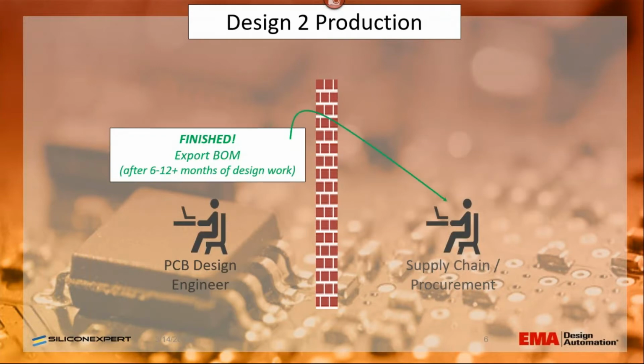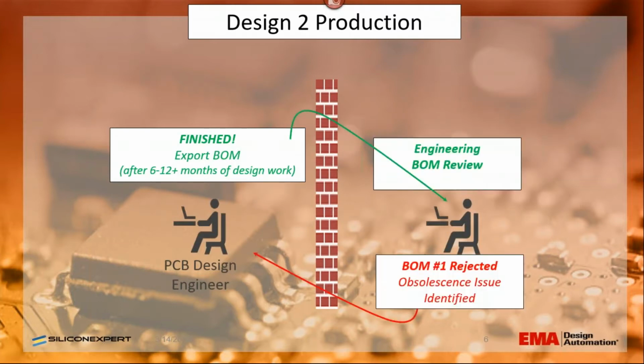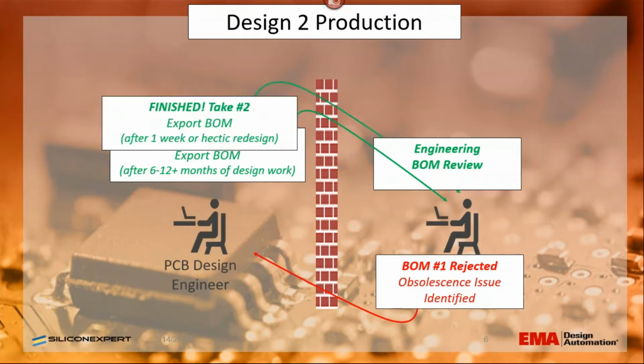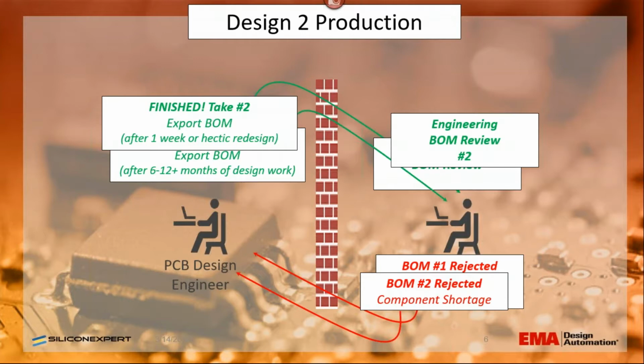We finish the BOM after designing it for six months to a year, depends on the type of design work that we're doing. They review the BOM, and of course, as 33% of you said, obsolescence was an issue. So we go back, revise the part again. They review it. Okay, now there's a component shortage, or maybe there's a long lead time on this, out of stock.